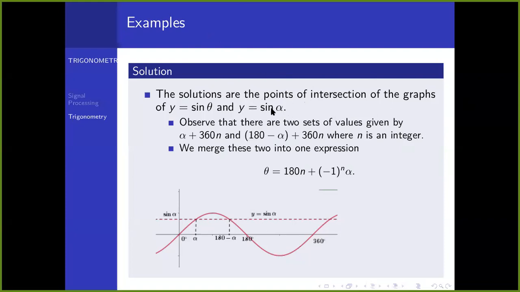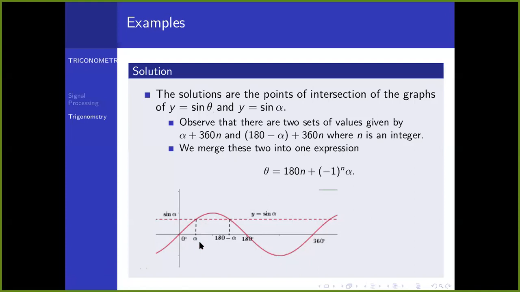If you graph y equals sine alpha, it will be this constant dotted line, and the graph of y equals sine theta is here. You need to find all values of theta such that sine theta is equal to sine of alpha. So you just need to find the values of theta where these intersect.